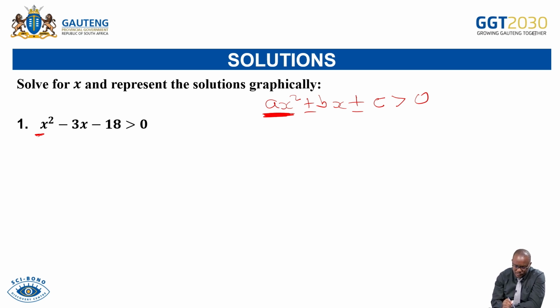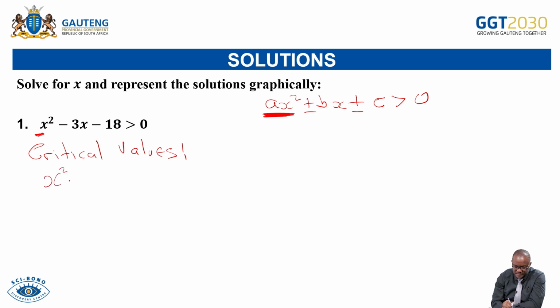So now, the first thing that we must do here is to get what we call critical values. Because the leading coefficient is positive, it will be simpler for us.